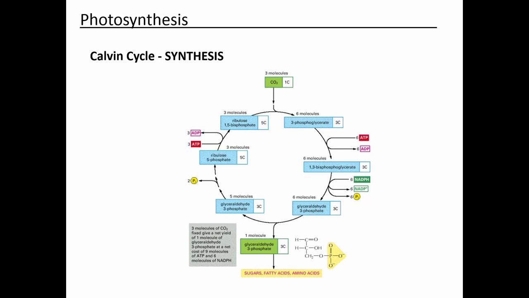Okay, and then the third stage is regeneration of a molecule called ribulose bisphosphate, which from now on we'll abbreviate as RuBP.